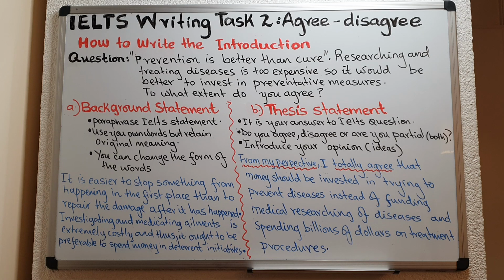So you could say, for example, "from my perspective, I totally disagree that money should be invested in trying to prevent diseases instead of funding medical researching of diseases and treatment procedures."